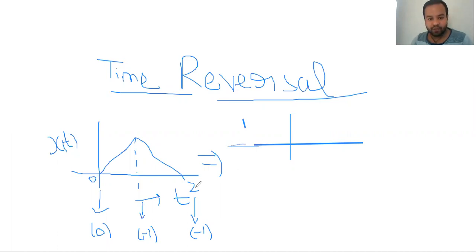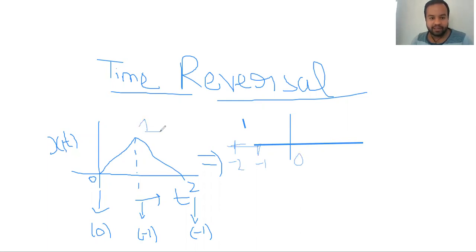Instead of 2, we will get minus 2. Instead of 1, we will get minus 1. Here we will get minus 1, and here there will be 0 for sure. Suppose this magnitude is 1.